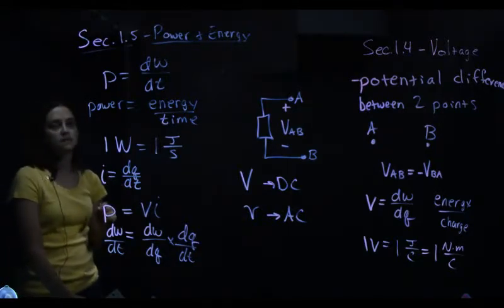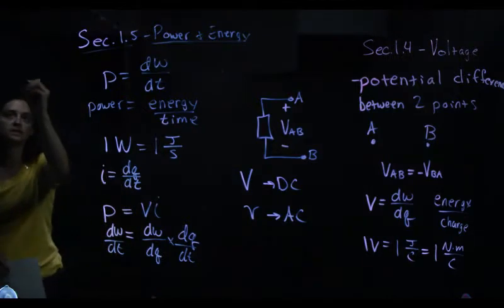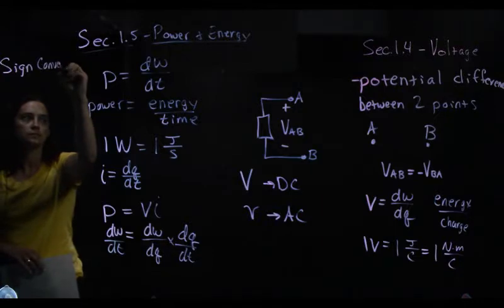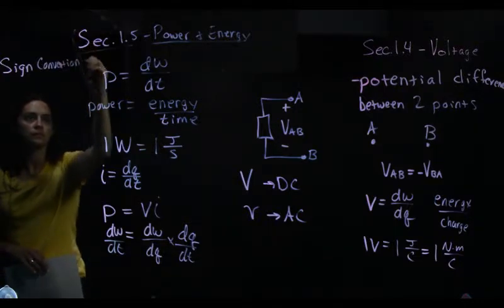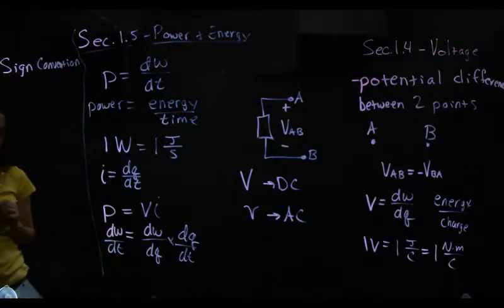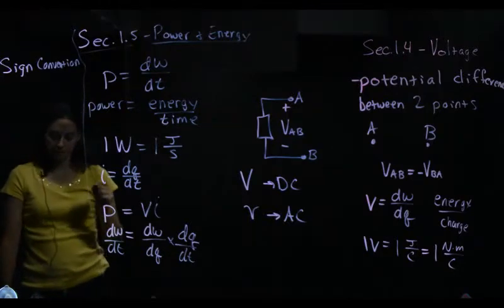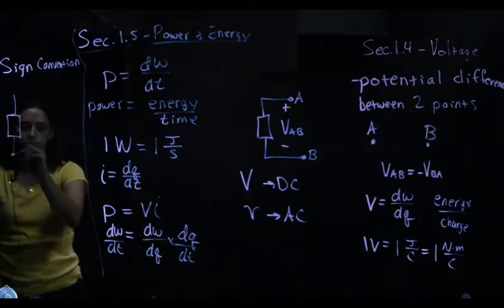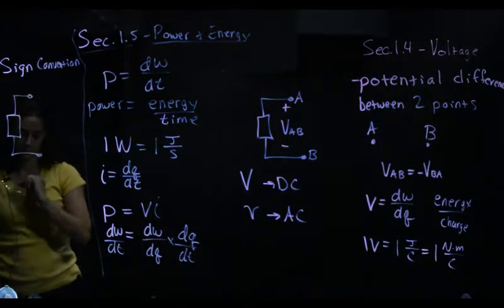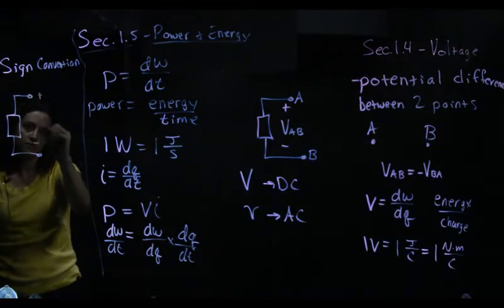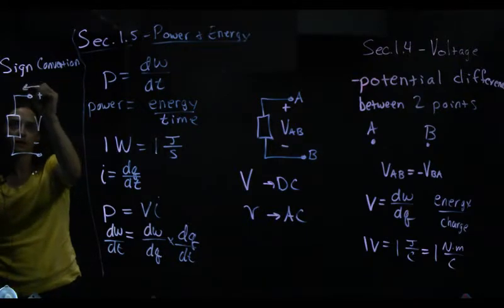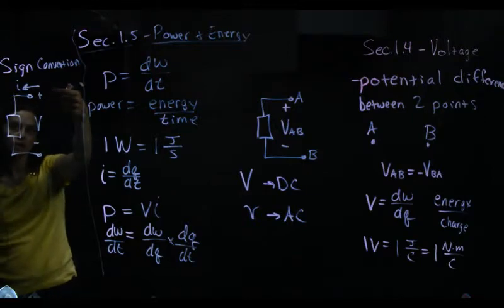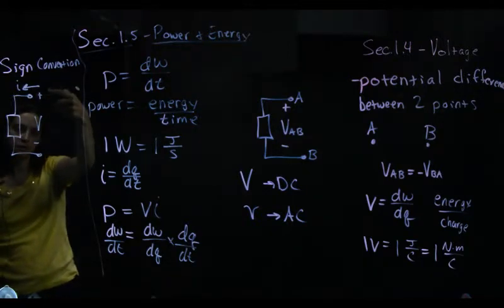Last important concept is the sign convention in this section. So the sign convention, again, we're going to draw some dummy element here. Voltage V across it and current I. This tells me my current is entering my positive terminal.